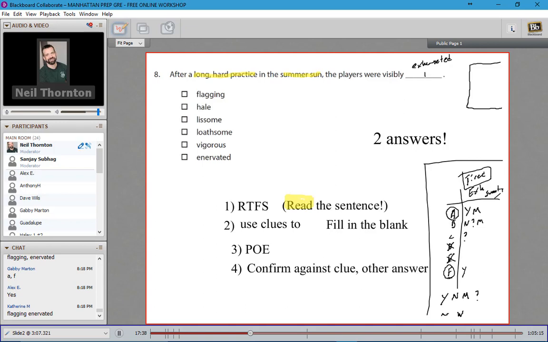Remember, this is sentence equivalence. What I mean by equivalence is, do these match each other? If you're flagging, are you enervated? If you're enervated, are you flagging? They don't have to be exact synonyms, but are they close enough?